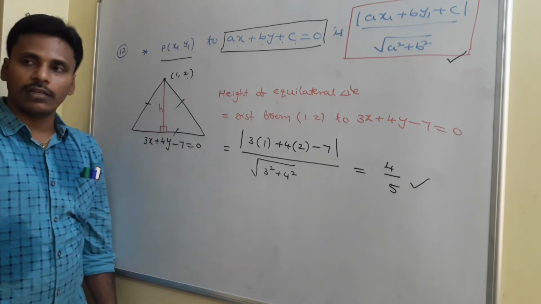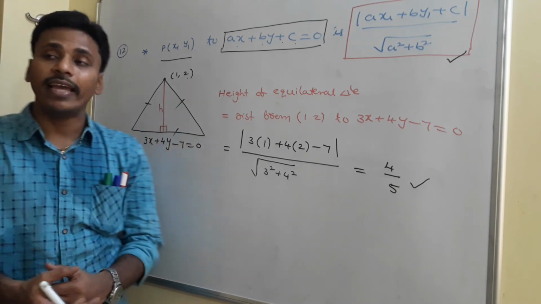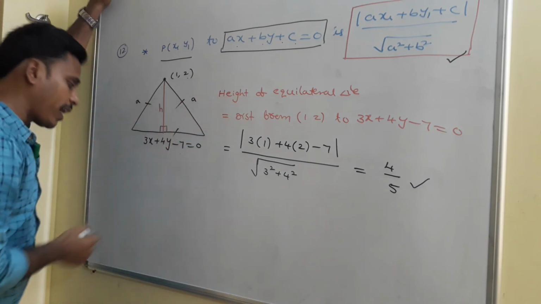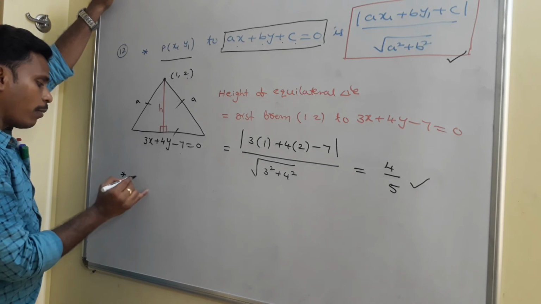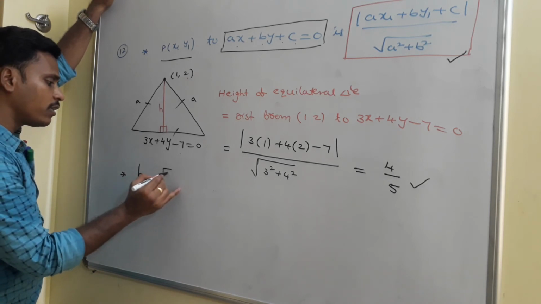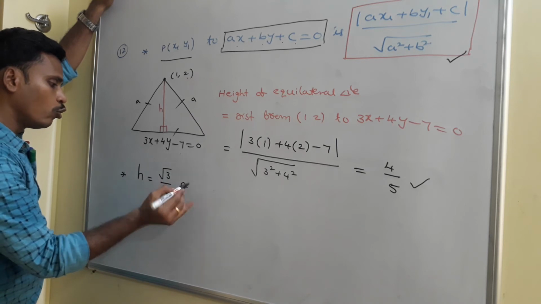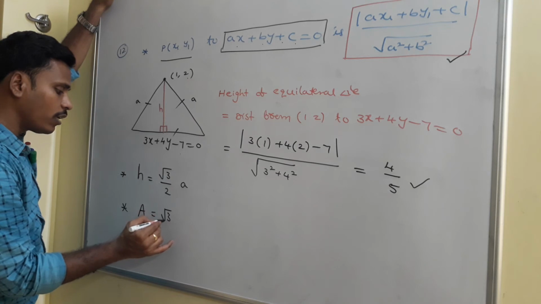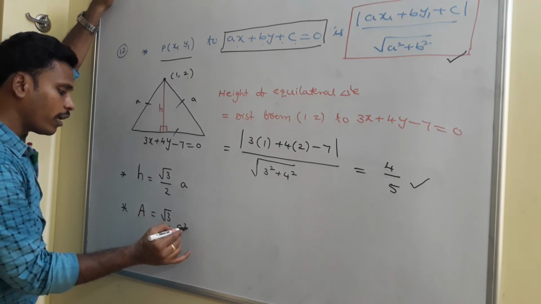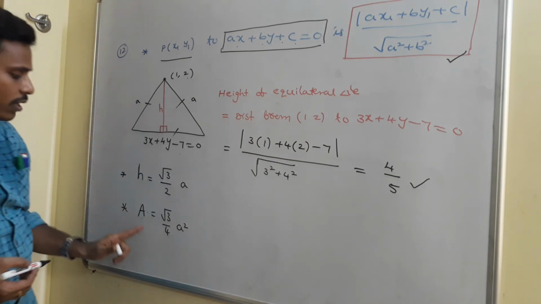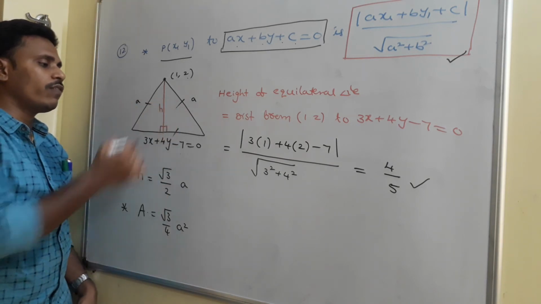And what are they asking us? They are asking us to find the area. We have different formulas. If the side of the equilateral triangle is A, then from basic mensuration the height of the equilateral triangle is root 3 by 2 A, and the area is root 3 by 4 A square. These are the two formulas related to the height and the area when connected with the side.